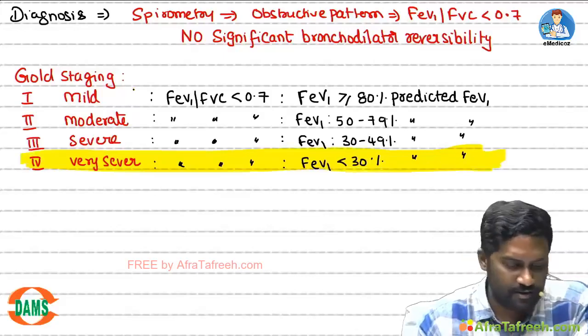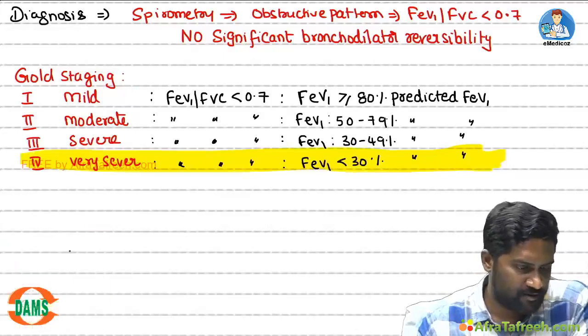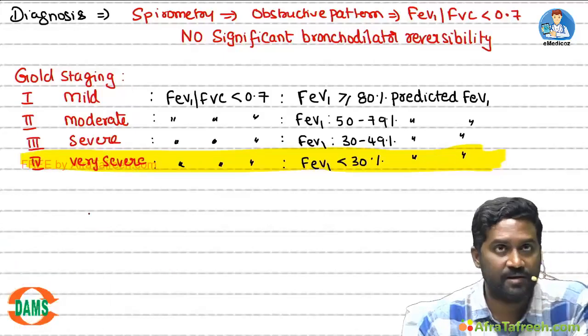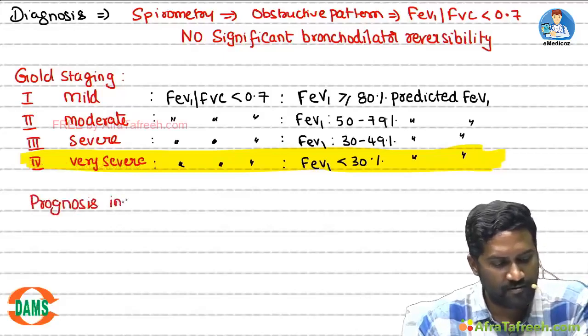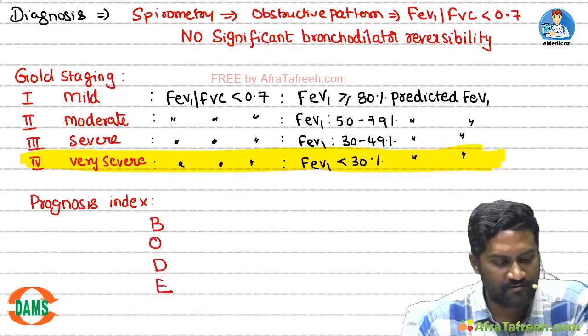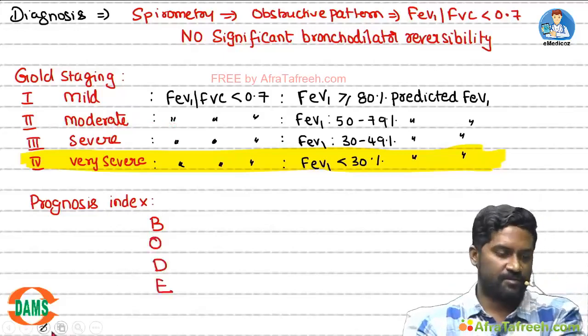For COPD, previously we were using an old index for prognosis called the BODE index. Nowadays we are not using this commonly, so just to know the variables. What are the variables?